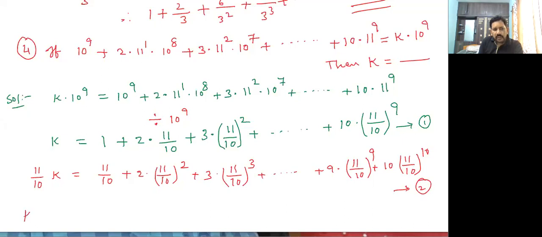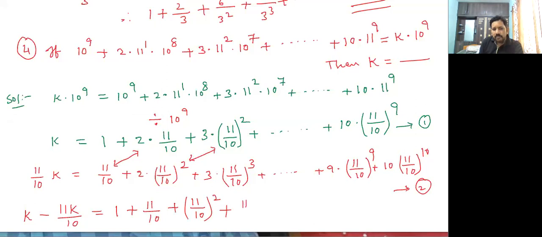Subtract: k minus 11k by 10. Observe carefully. Among these two terms, 2 into 11 by 10 minus 11 by 10 is only 11 by 10. Next, observe the 11 by 10 whole square terms: here 3, here 2, 3 minus 2 is 1, so this is 11 by 10 whole square.